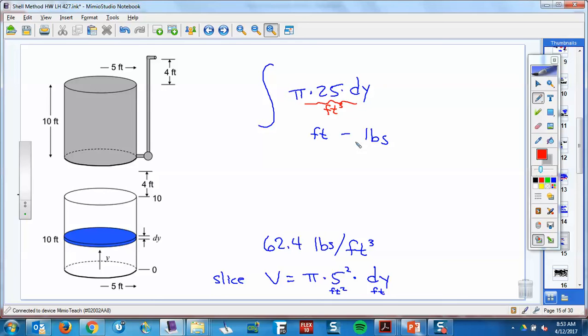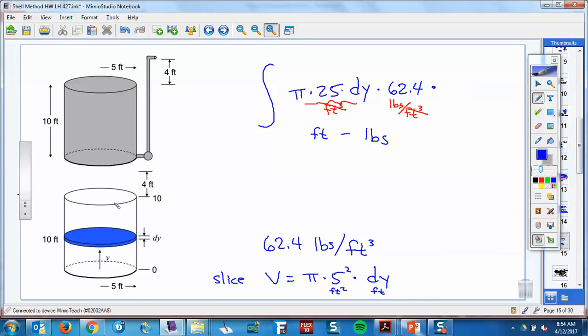Right? Now what do I need? I need to multiply that by 62.4, because that is pounds per cubic foot, right? So that's going to cancel my cubic feet. So now I've got pounds, and now I need feet.